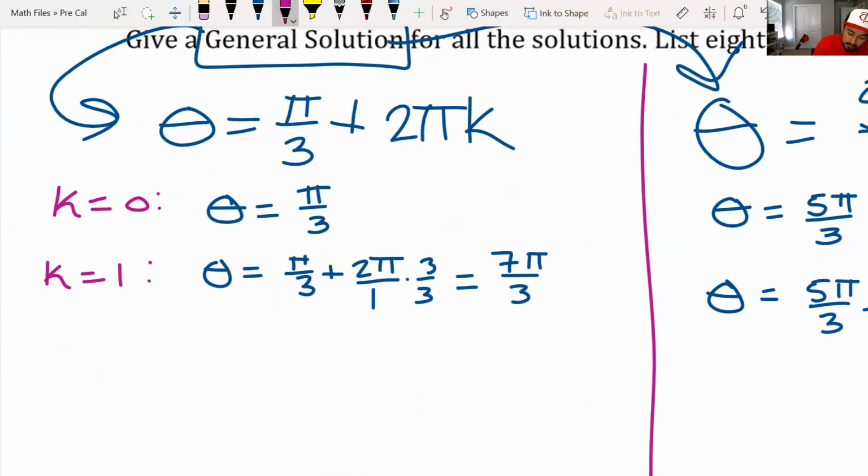Now, let's let k equal 2. This means you'll get theta equals pi over 3 plus 4 pi.